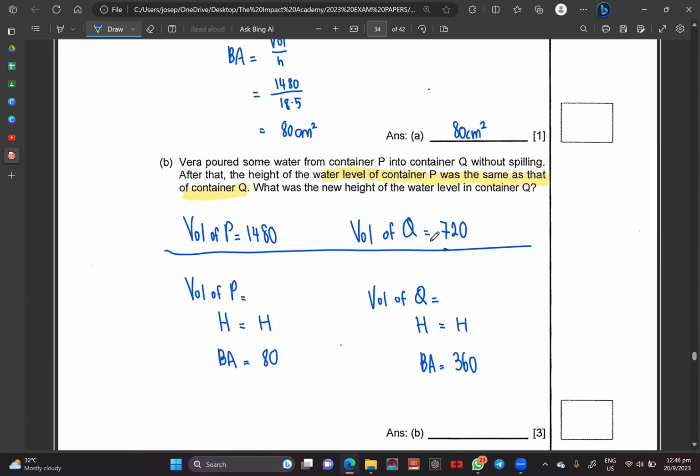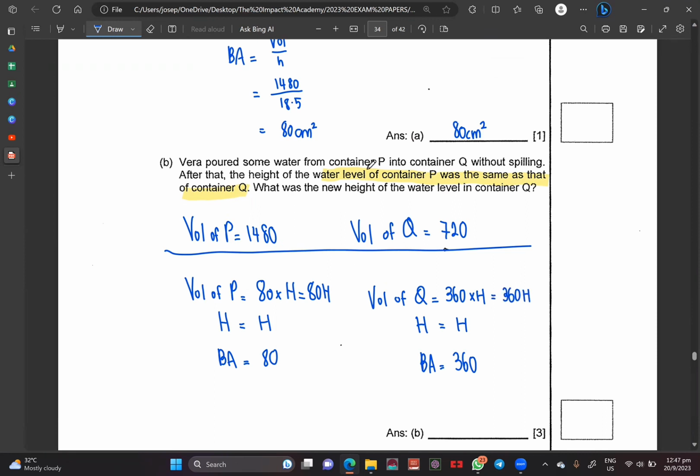To find the volume, I will just have to put 80H over here because the volume is basically the base area times H. H, we don't know. So let me be more specific: 80 times H, which is equal to 80H. And for the volume of Q, it will then be 360 times H, and that gives me 360H.